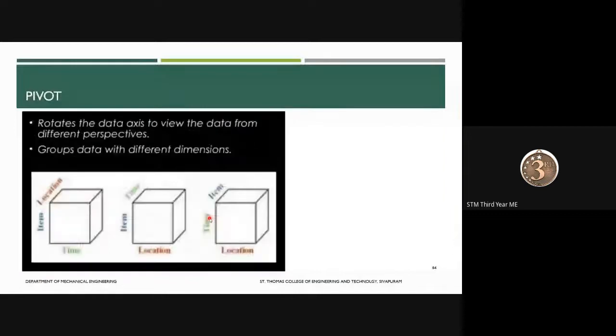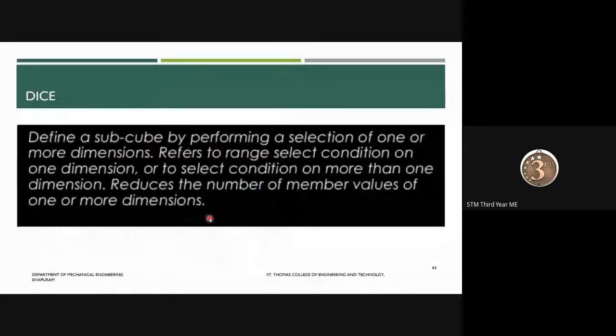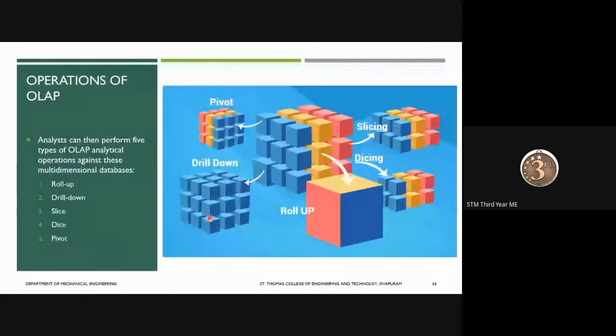Pivot is nothing but the data present in this manner. You can see this is the complete data. But if you want to look at this data first or this phase first, we can align it in such a manner that this phase comes first or this data comes first.